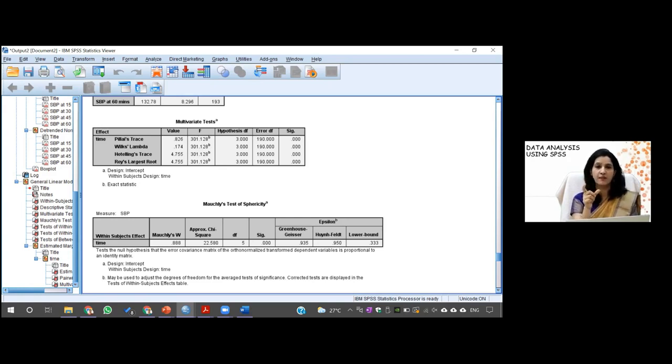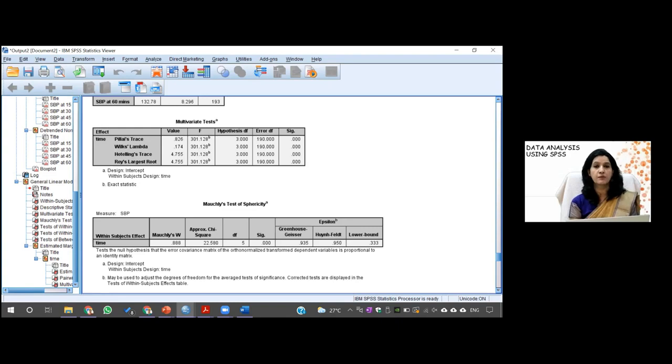So that's why we use Mauchly's test of sphericity, and the same concept applies here also. If the p-value is more than 0.05, then we say that this assumption has been met. A significant p-value is not desirable for us here, because we want this assumption to be met.